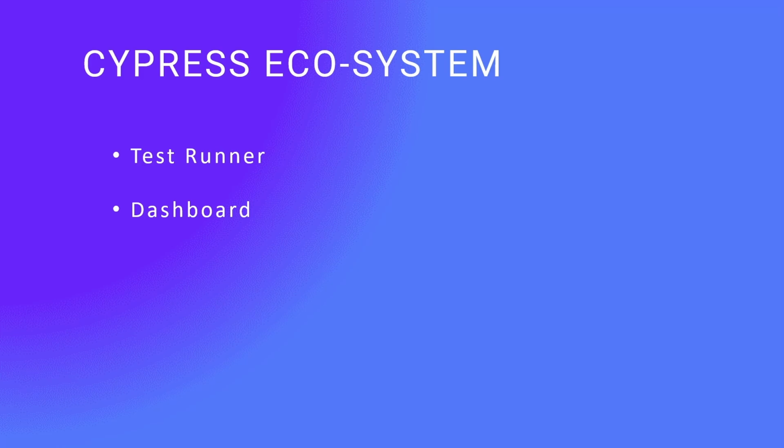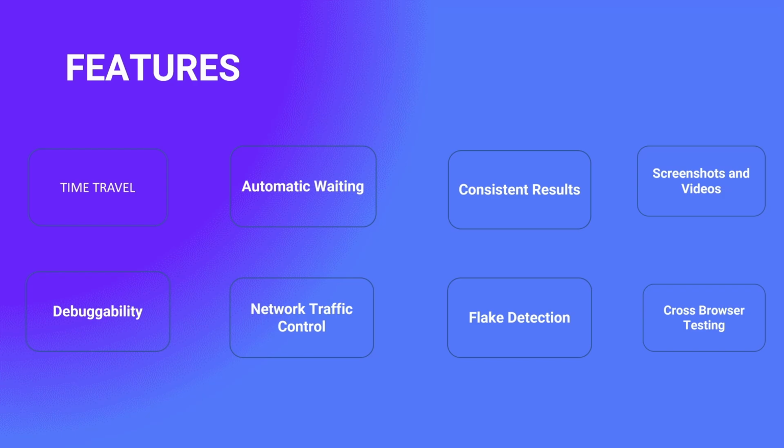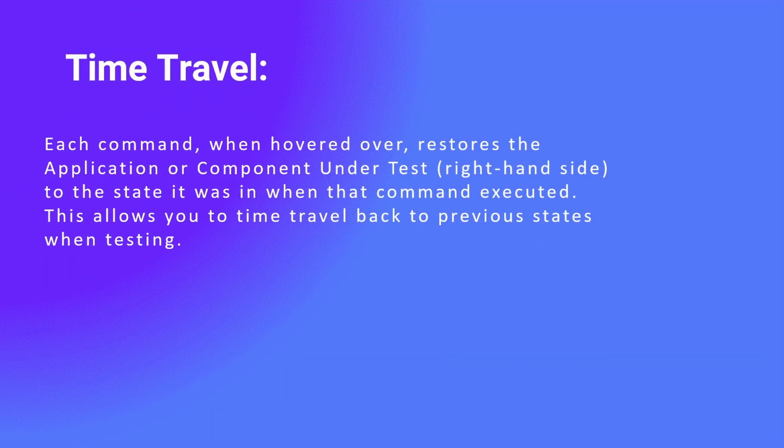Like we can store all the test results. Next, we are going to see about the features. First, time travel. Each command, when hovered over, restores the application or component under test to the state it was in when that command executed. This allows you to time travel back to a previous state when testing.